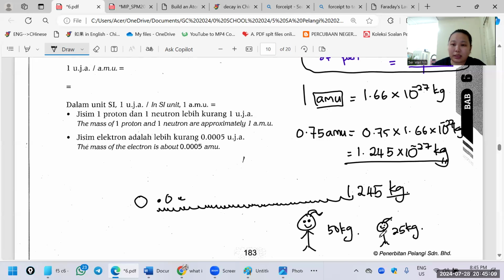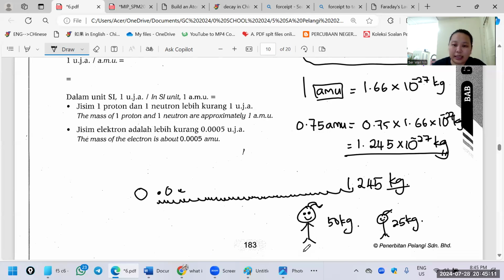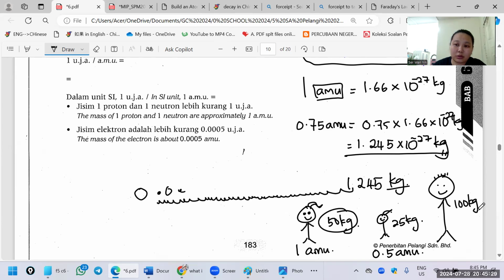So I say I am 1 AMU, so she is half of the AMU. You can get the idea. So my brother is about 100 kg, so I say my brother is 2 AMU.